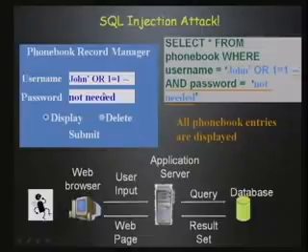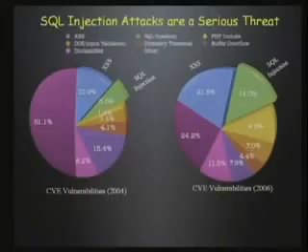SQL injection attacks are a major threat on the internet today. This is data recorded from the Common Vulnerabilities and Exposures index, and in 2004, among all reported attacks, SQL injection contributed 5.5%. And in 2006, if you look at the same data from CVE, it has grown threefold to 14%.